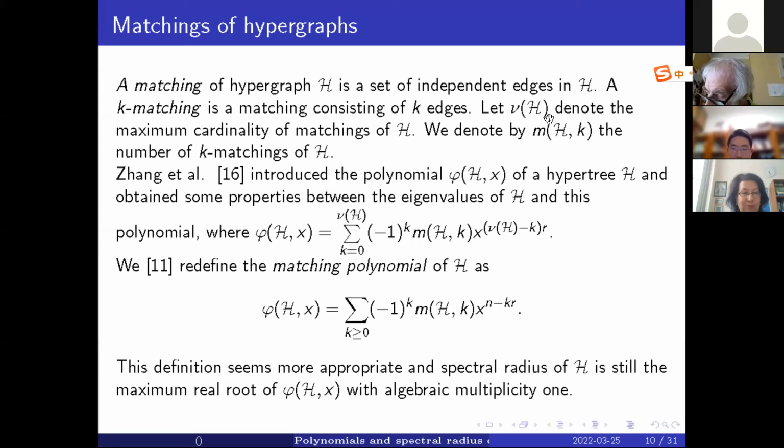Let nu of H denote the maximum cardinality of matchings of H. We denote by m_H(k) the number of k-matchings of hypergraph H. Zhang introduced the polynomial phi of H, x of a hypertree H and obtained some properties between the eigenvalues of H and this polynomial, where the polynomial phi of H, x is defined in this way.